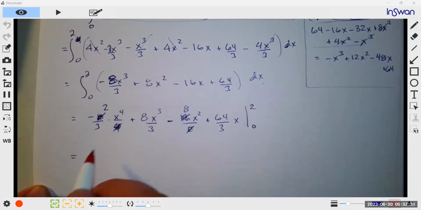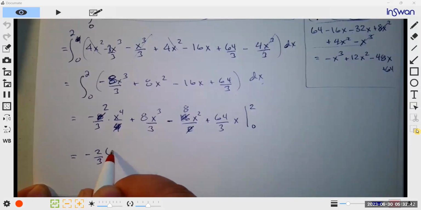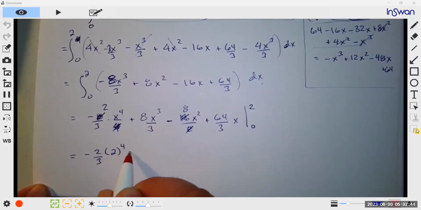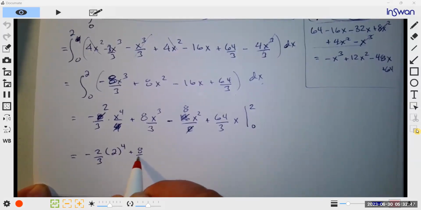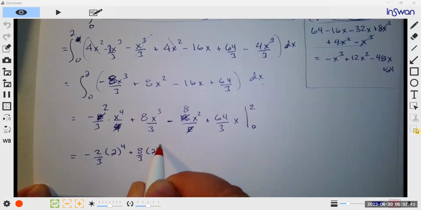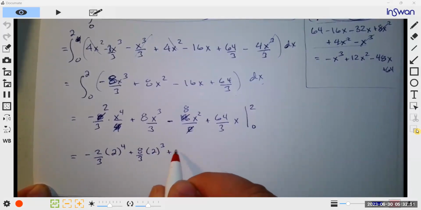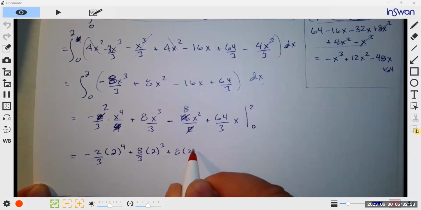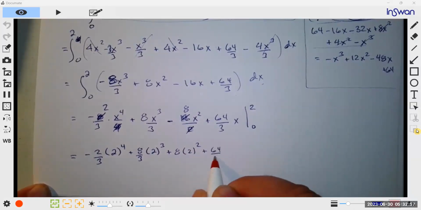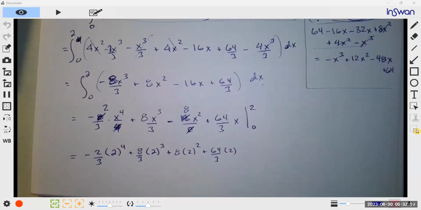It's 0. So we have -2 over 3, 2 to the 4th, 8 over 3, 2 to the 3rd, 2 squared times 2.